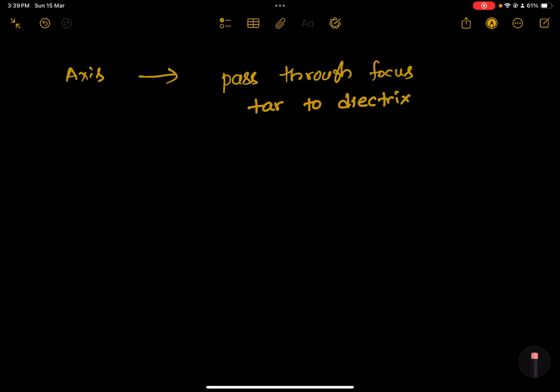And the next thing is vertex. What is the vertex of a conic section? It is the point of intersection of the axis and the conic section.